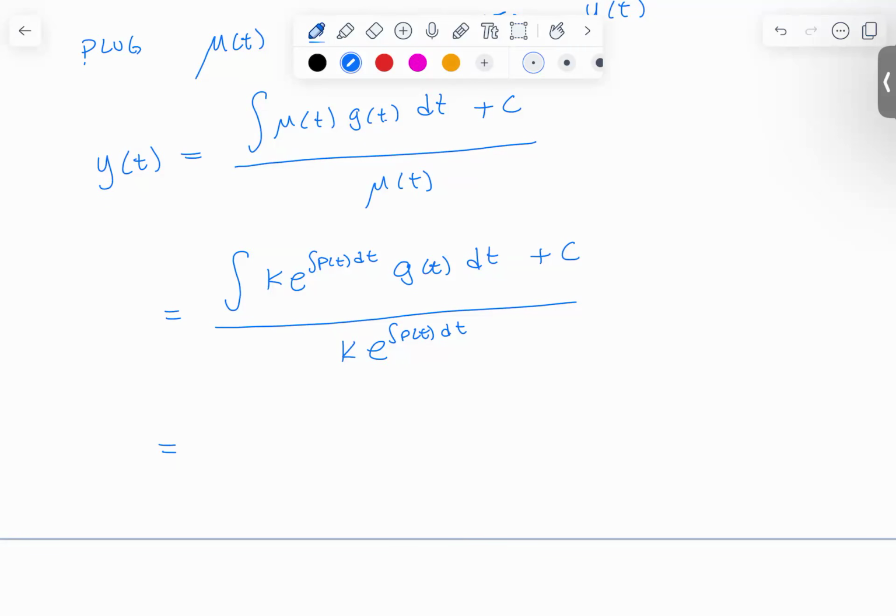That can actually pull out, which really leads me to, if that comes out, I have a k there and a k down there, that will cancel, and I end up with c divided by k here, which becomes another constant. Just another constant, so who cares? So that means that we can actually cancel that. We don't even have to worry about what that constant is when we identify our integrating factor.